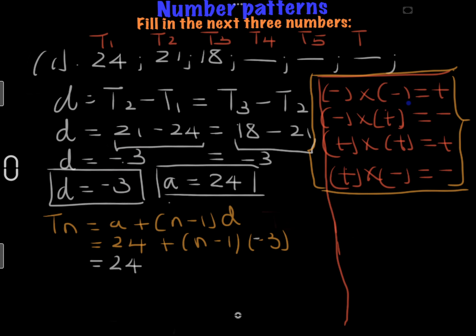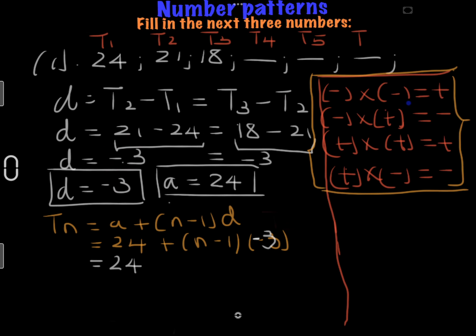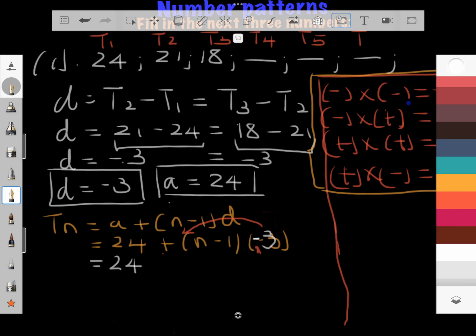So here we have negative 3 there. Notice this negative 3. This negative 3 multiplied by positive n. In fact, I should not be doing that. Let me reverse a bit.